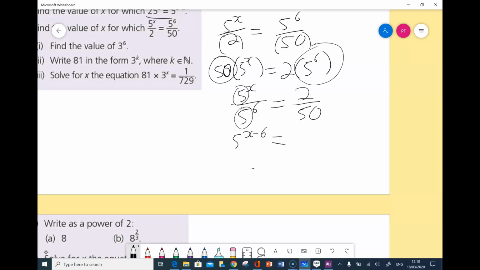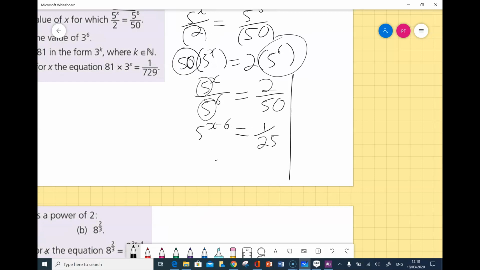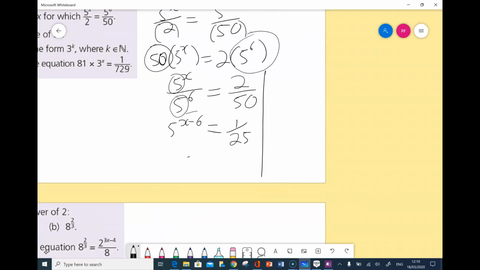Now, 2 over 50, simplified in your calculator, is 1 over 25. Somebody might see where we're going here. We still have this problem where we need to make our base numbers the same. I've got a 25 here, and I know I could write that 25 as 1 over 5 squared. 1 over 5 squared is the same as saying 5 to the power of minus 2.